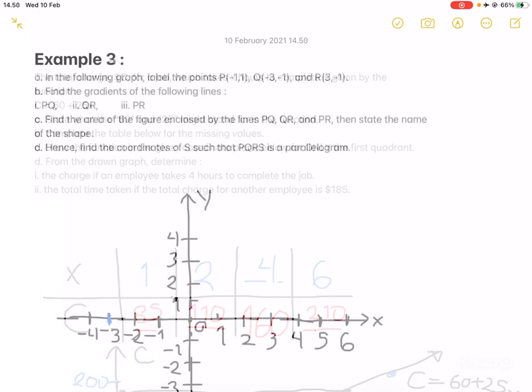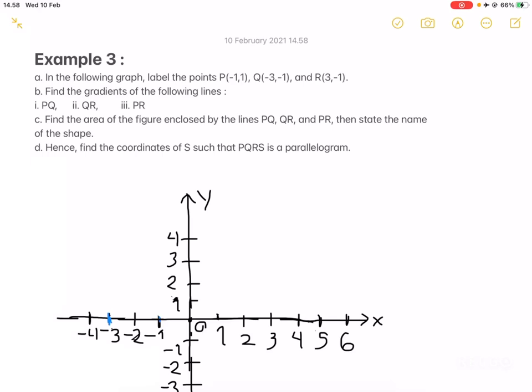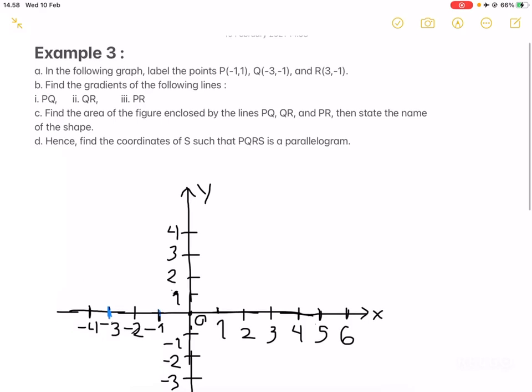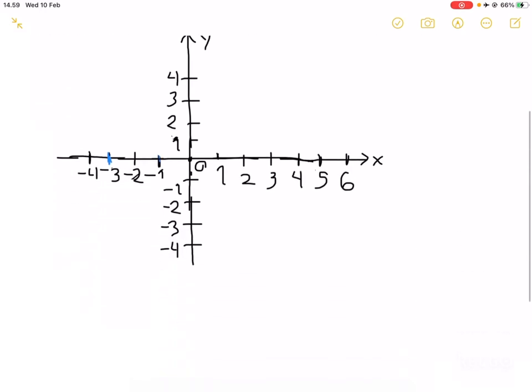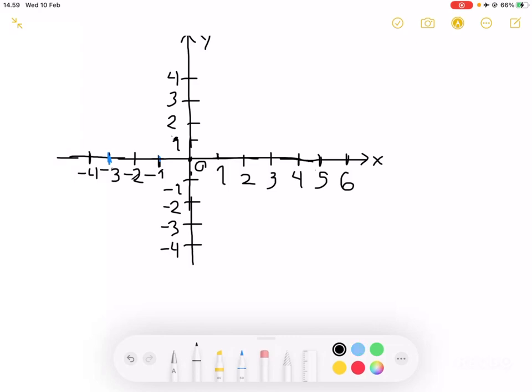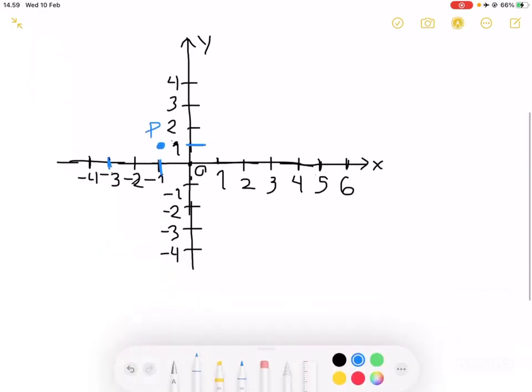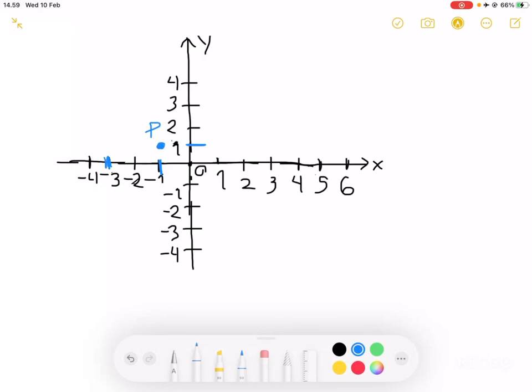Last example. So for part A, we need to label some points. So P at (-1, 1), so x at -1 right here, and y at +1, so point P is right here. There we go. And then next point Q is (-3, -1), so x at -3 and y at -1.